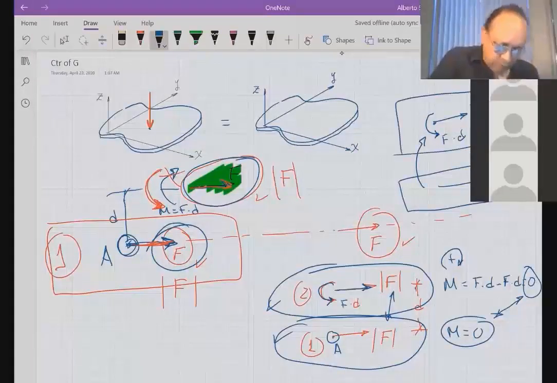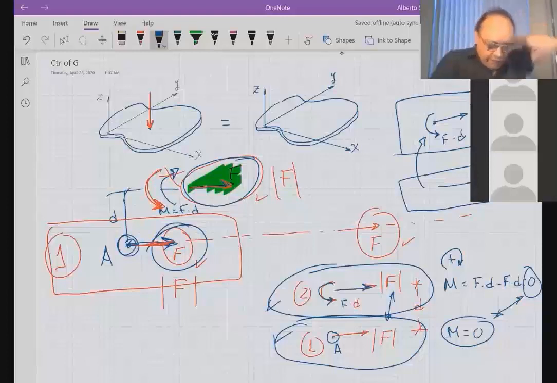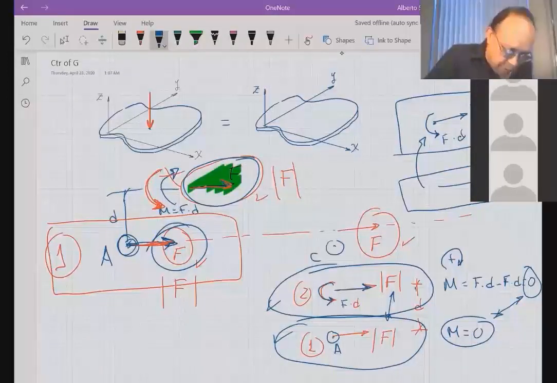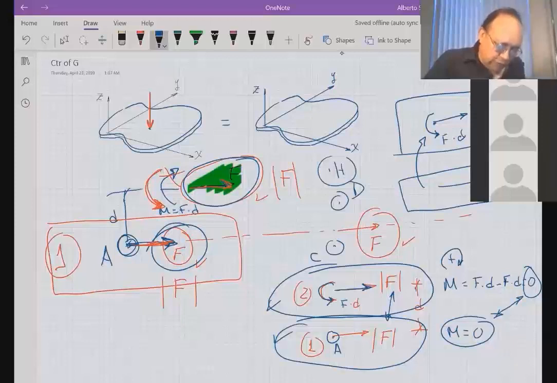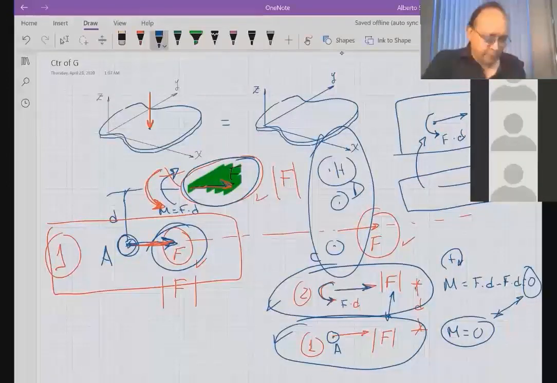These two systems are equivalent, so it's the same to have system 1 or system 2. And you can verify that if you calculate moments about any point in the universe, point C, point D, point H, if you calculate the moment of those two systems with respect to any point, you will get that the moment is the same no matter where you choose the point.